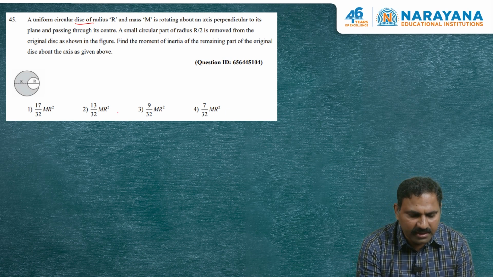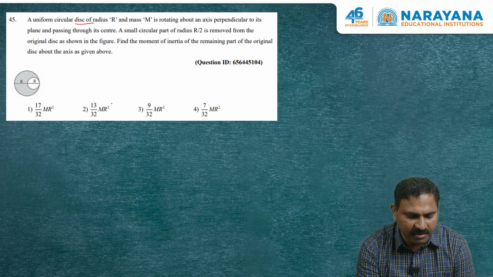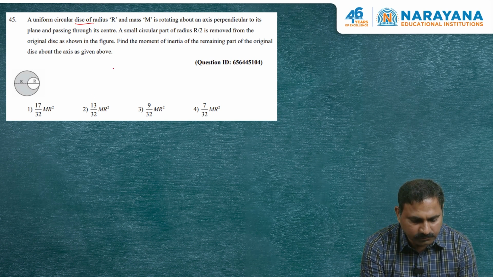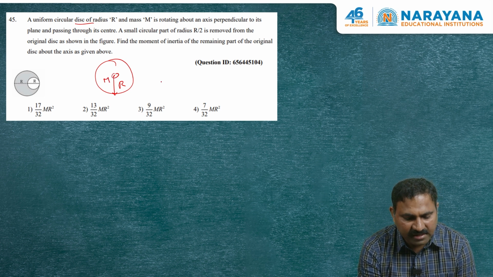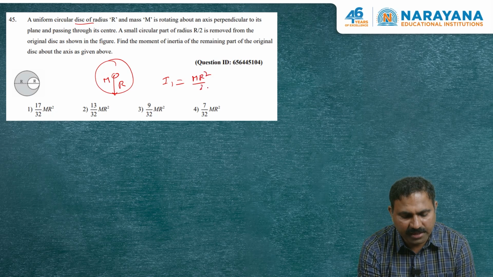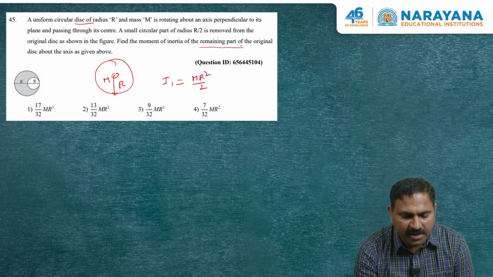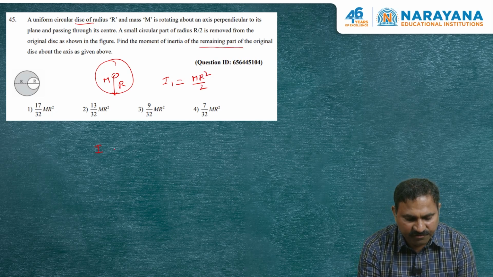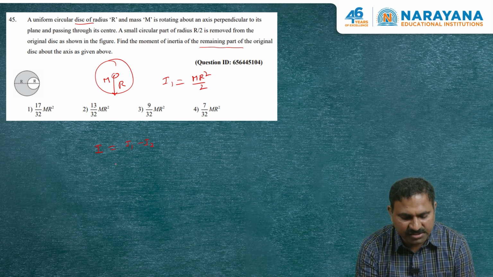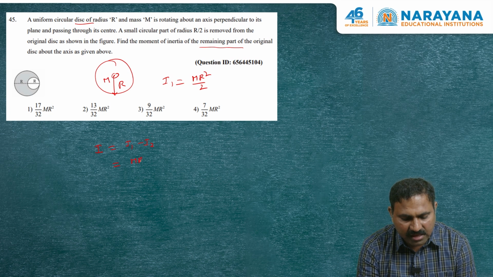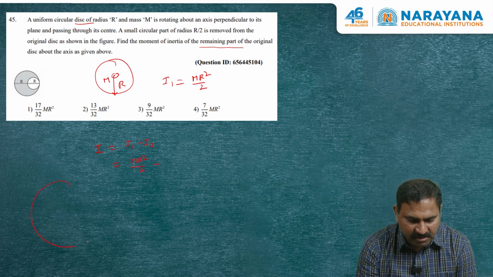So first of all, moment of inertia of original disc, in this case it is disc given, mass of disc is m, radius r. About its central axis, original moment of inertia is mr square by 2. Now moment of inertia of remaining part means, if it is I, this is I1 minus I2, where I2 is moment of inertia of removed part, I1 is mr square by 2, I2 again we need to use parallel axis theorem here.